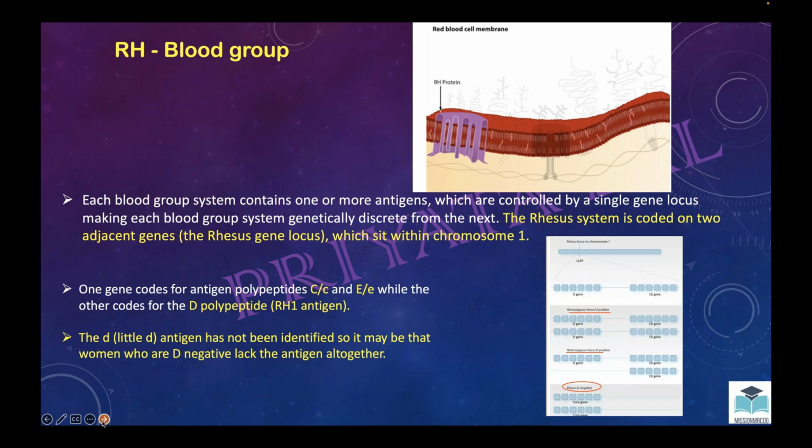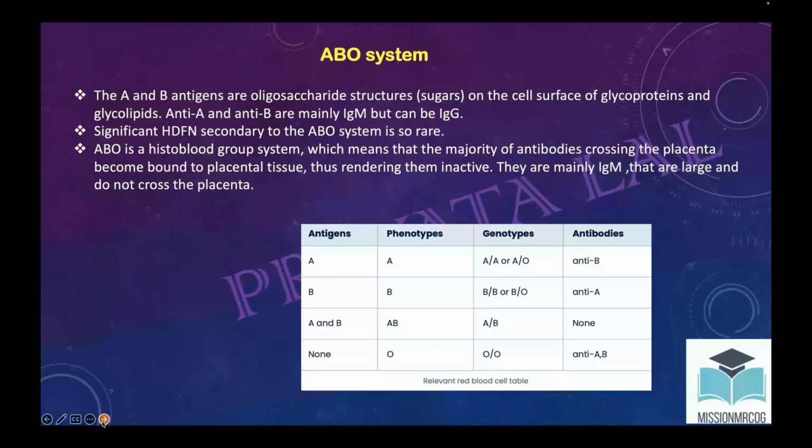Now another system that we know is the ABO system. These A and B antigens are oligosaccharide structures. They are present on the surface of the glycoproteins. The red cell membrane is made up of glycoproteins and glycolipids.